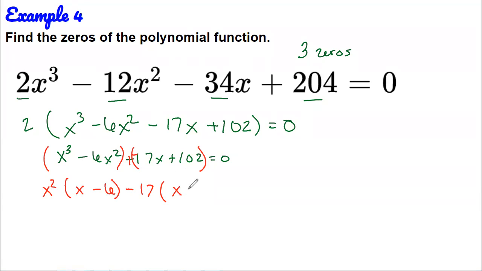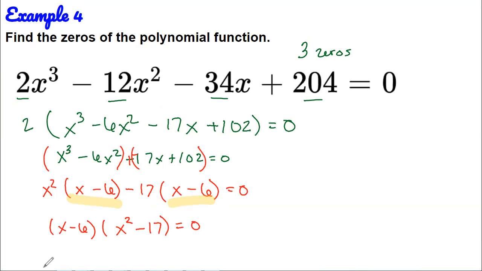And I'm having x minus 6 equals 0. What can I factor out? X minus 6. So I have x minus 6 factored out. And I'm left with x to the power of 2 minus 17 equals 0.